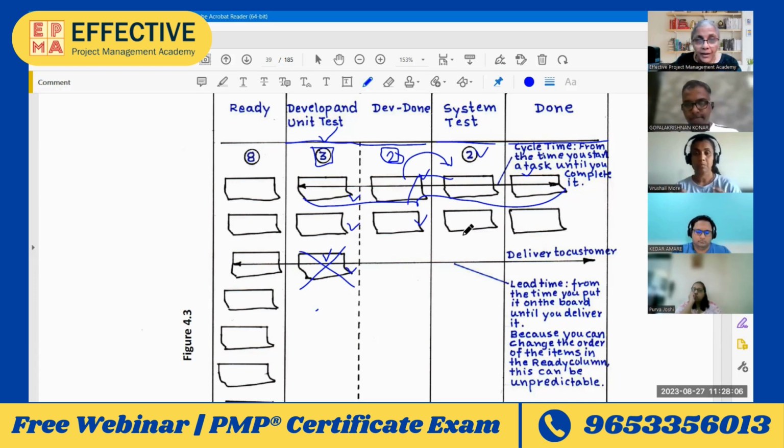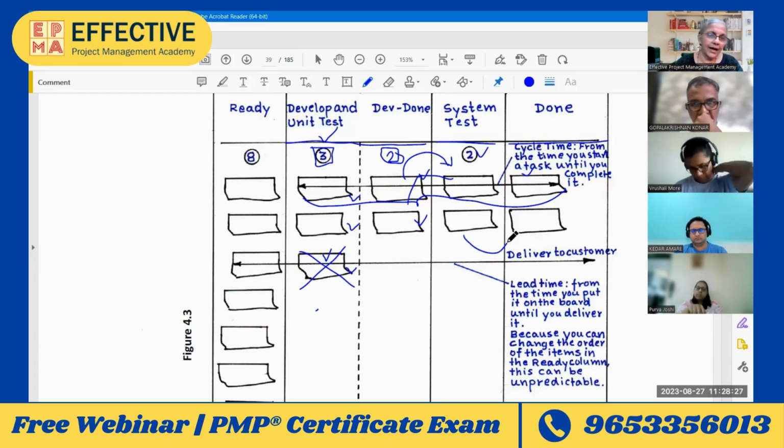If they pick up one more story and help the system testing team, something gets completely done. So they get full credit, and then they can come back, and when every board has some margin, they can pick up a story. So the flow actually improves if you put WIP limits on the Kanban boards.